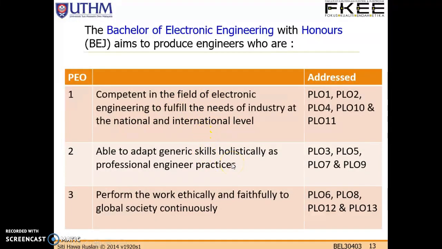The second one is your generic skill or soft skill, how you adapt to your workplace. And lastly, PEO number 3, perform the work ethically and faithfully to your society.